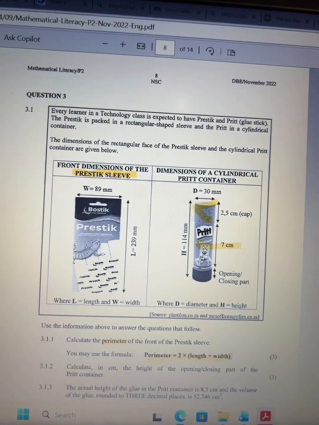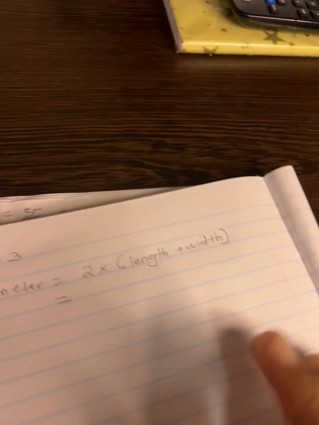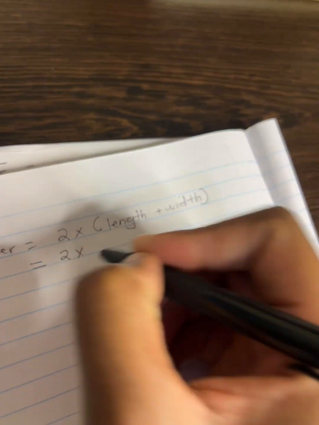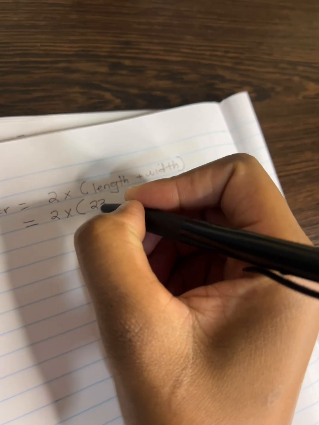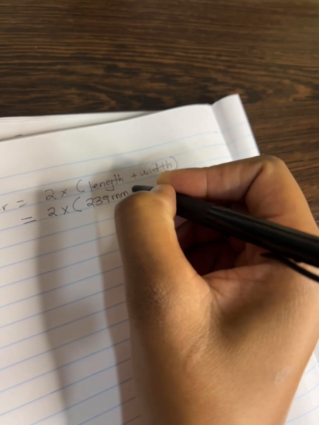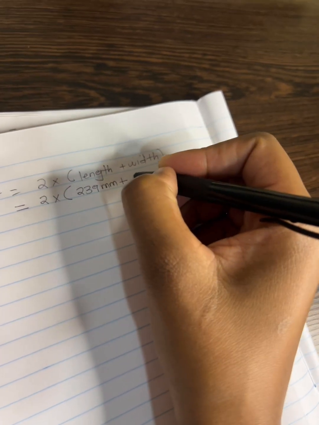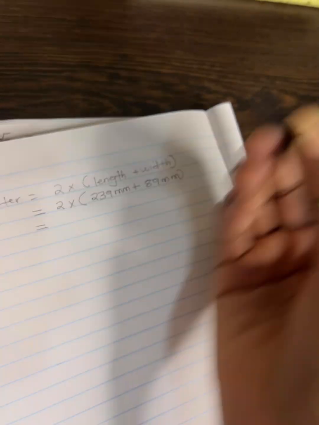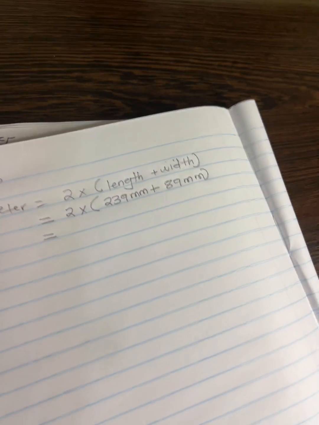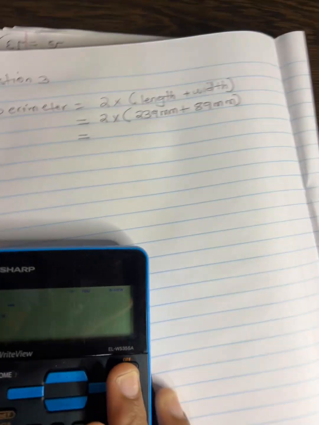We do that substitution in the formula. So we say 2 multiplied by, our length is 239 millimeter plus our width, which is 89 millimeter, because our units were the same. There is no need for us to do the conversion because we have the same units.